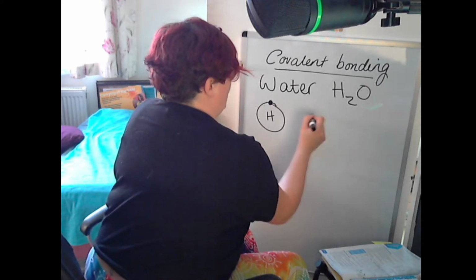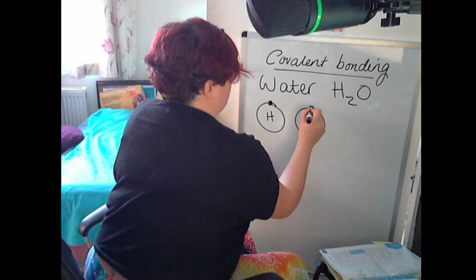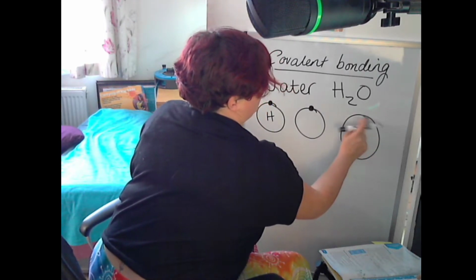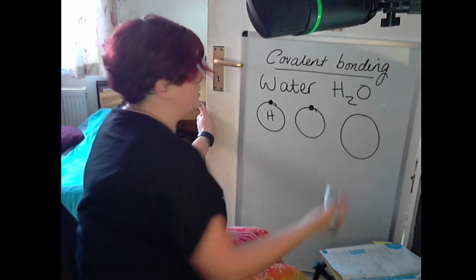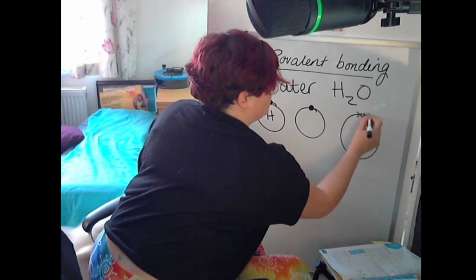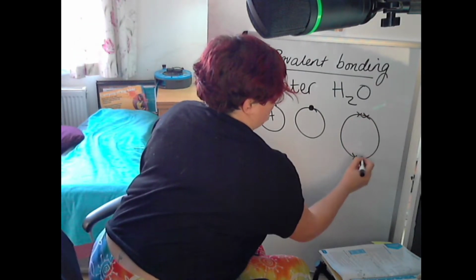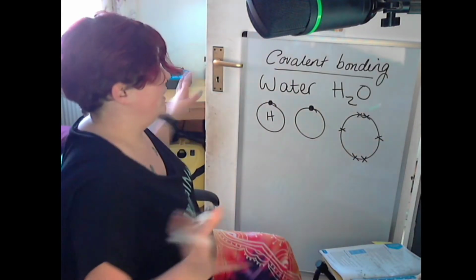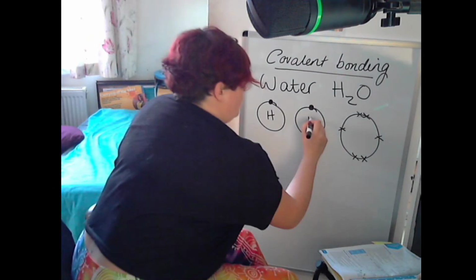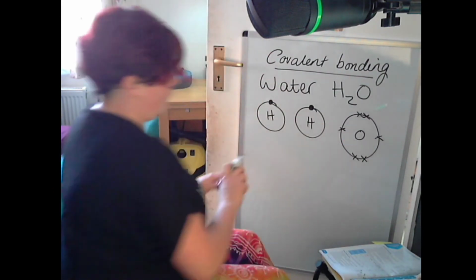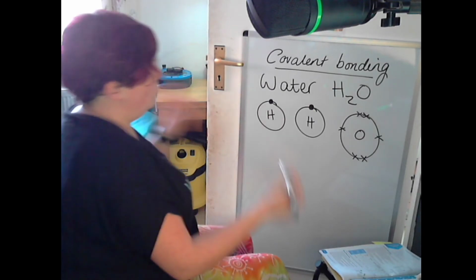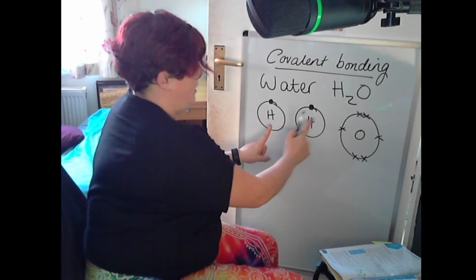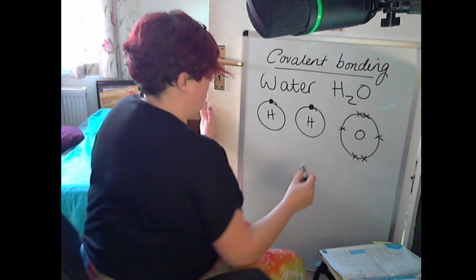We've got 2 of those, and we have oxygen, which if you look back at the periodic table, you'll see is in group 6. So it has 1, 2, 3, 4, and I am going to separate these ones this time, just to make it easier to illustrate. And what will then happen is you'll end up with these both overlapping with this one.